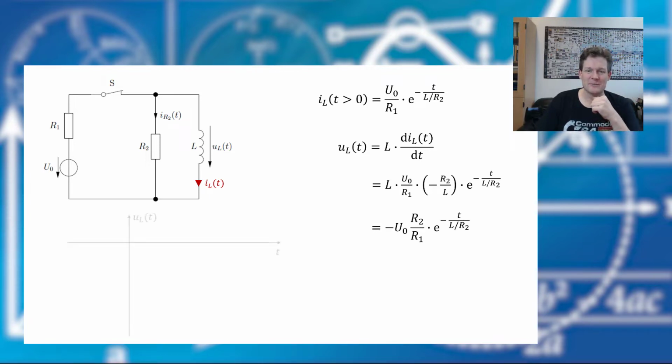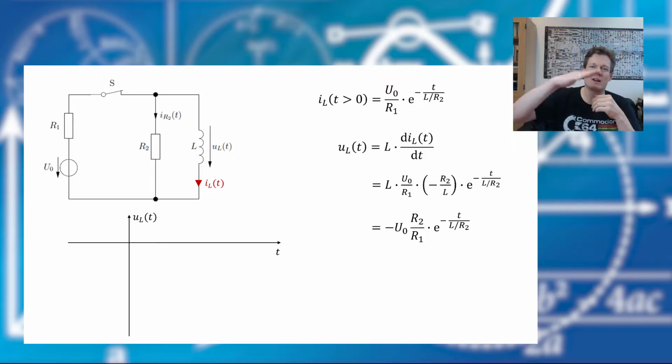Let's draw that. In the beginning, when the switch was closed, the inductor behaved like a short circuit, and therefore there was no voltage drop. When we opened the switch, the current from the inductor found a new way through the resistor, and there a voltage drop occurred.